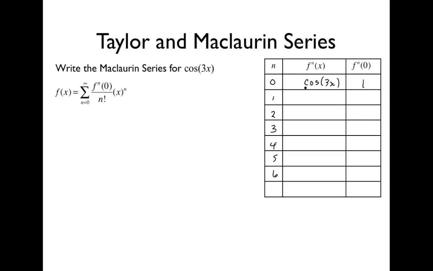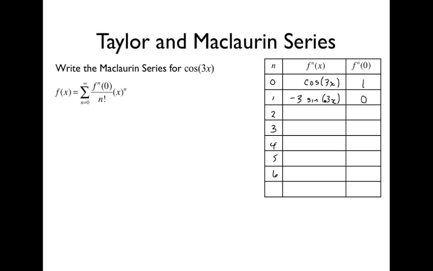So we need derivatives now. The derivative of cosine 3x is minus 3 sine of 3x, right? Chain rule. The derivative of cosine is minus sine, and the chain rule gives a minus 3. Evaluated at 0 gives sine of 0, which is 0.